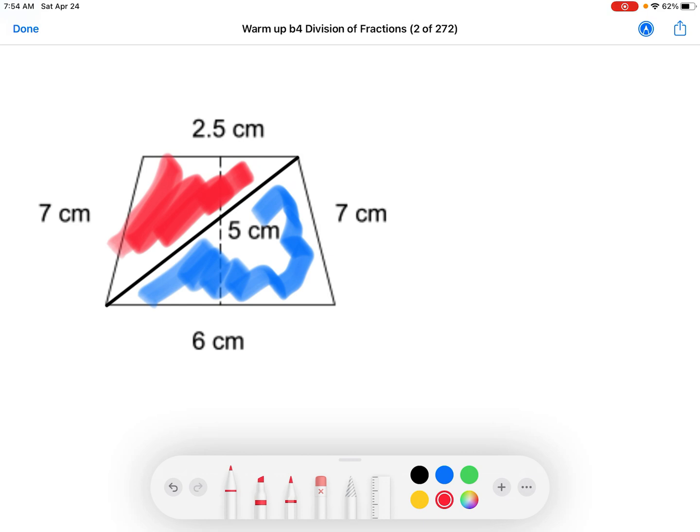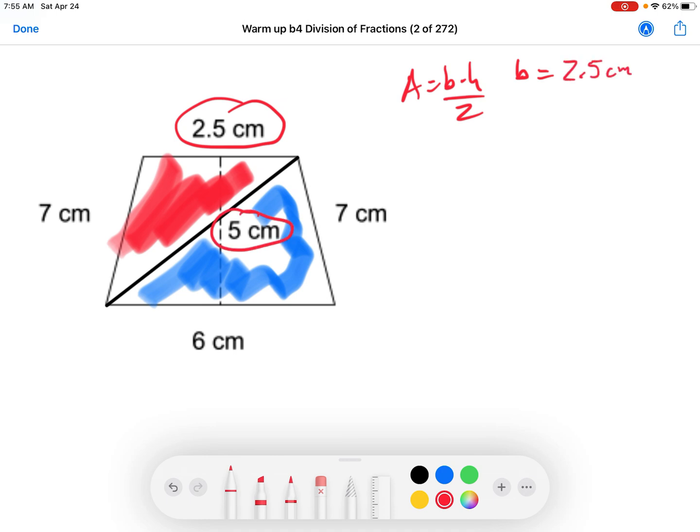And if we focus just on that red one, area equals that base times height divided by 2. Base in this triangle is 2.5. Height will be also 5 here. So base is 2.5 centimeters, and height is 5 centimeters.